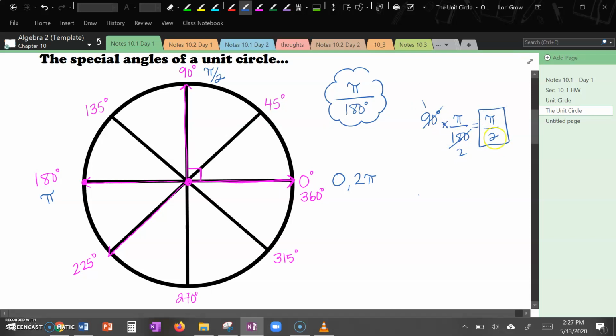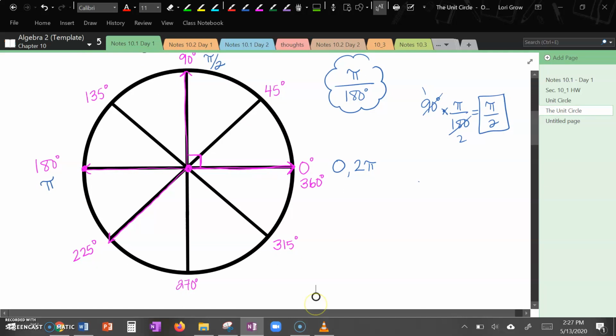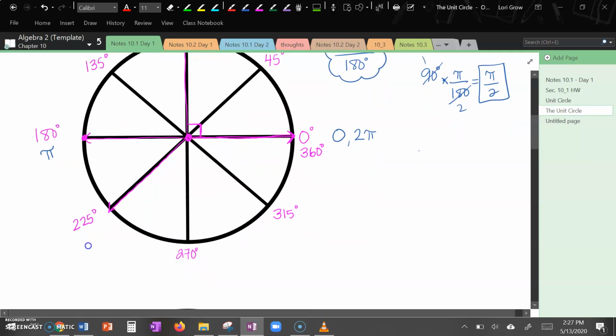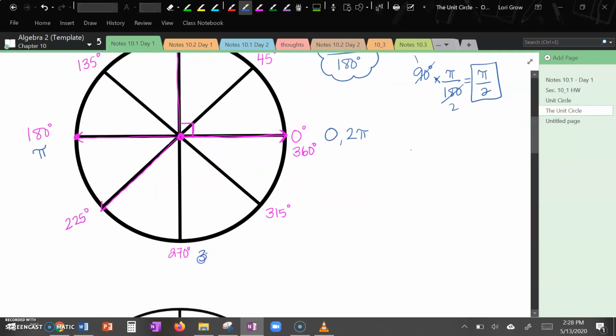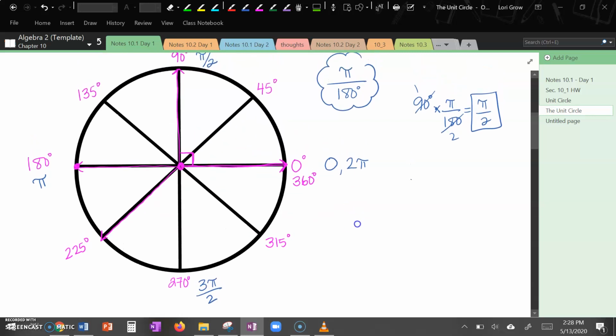So 90 degrees is pi over 2 radians. Okay, so if this is 1 pi over 2, this is 2 pi over 2, which is pi. This must be 1.5 pi, or 3 pi over 2. 270 degrees is 3 pi over 2 radians.